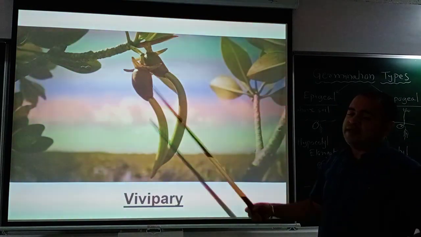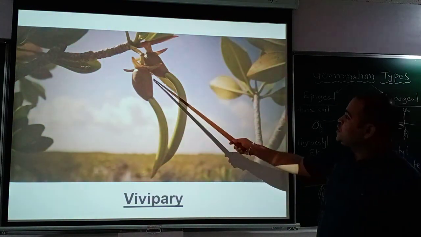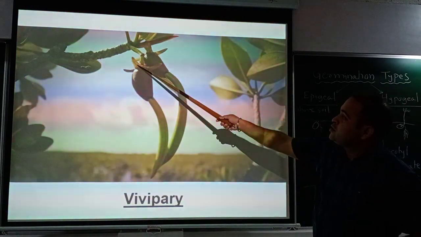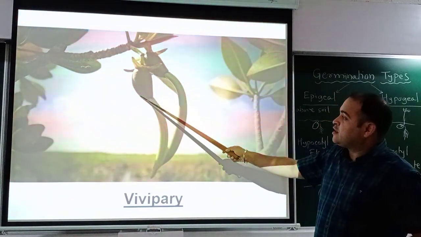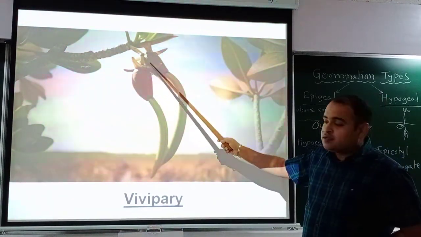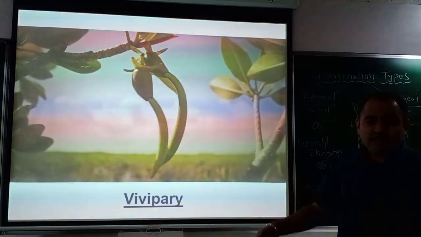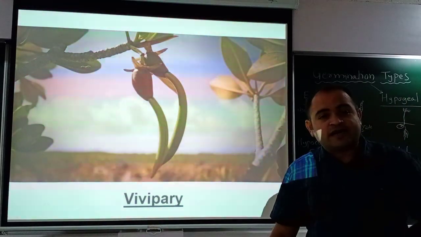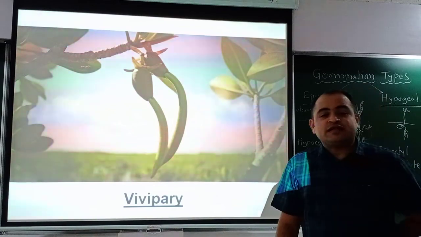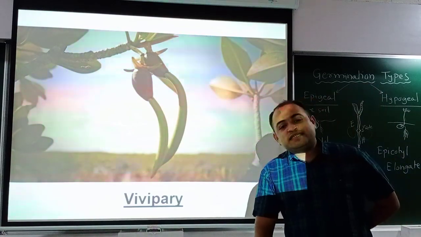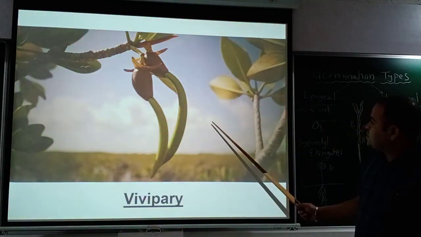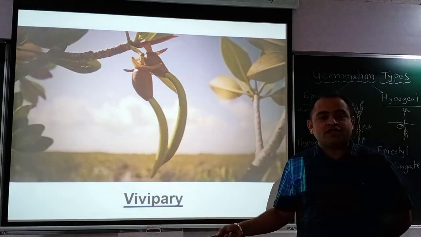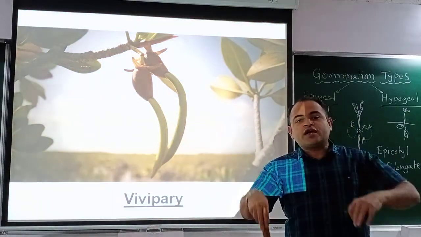This is vivipary. See, initially this was a flower. You can find these are the calyx. Now this ripened ovary you can find. This ovary, that is fruit, will contain some seeds. These seeds will germinate inside the fruit itself, because this particular mangrove plant grows in soggy conditions.